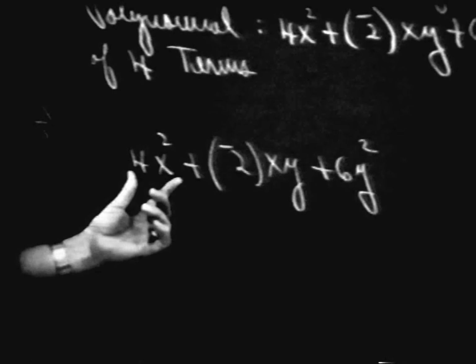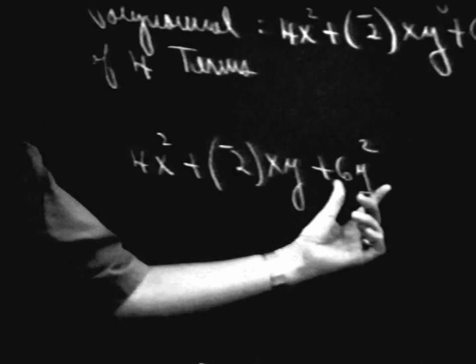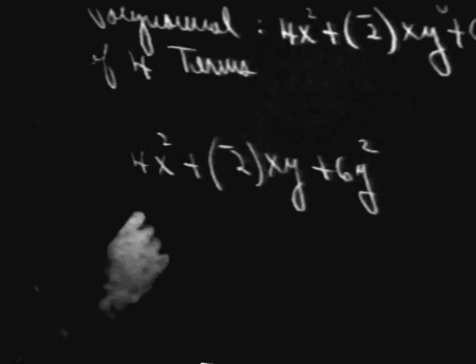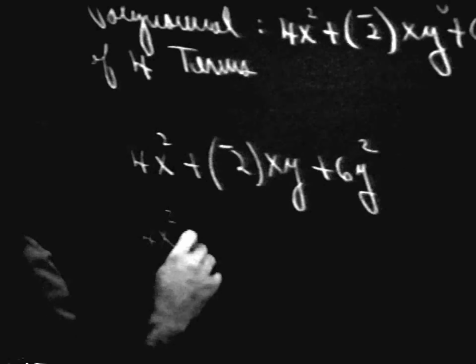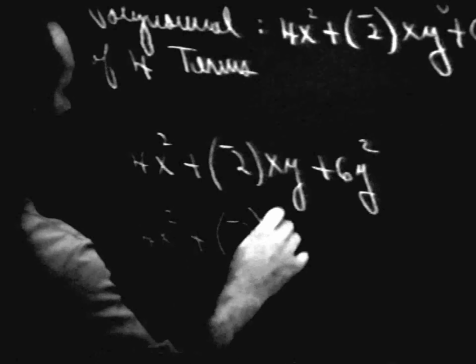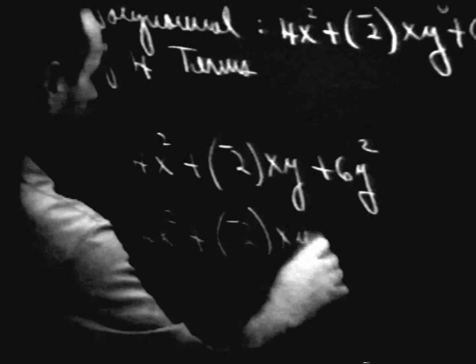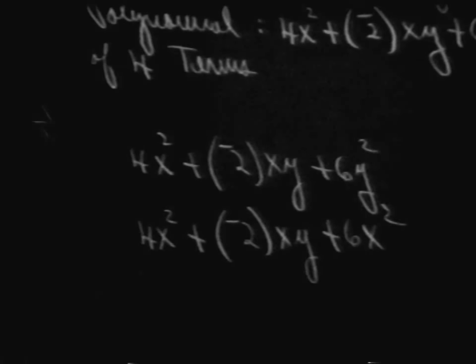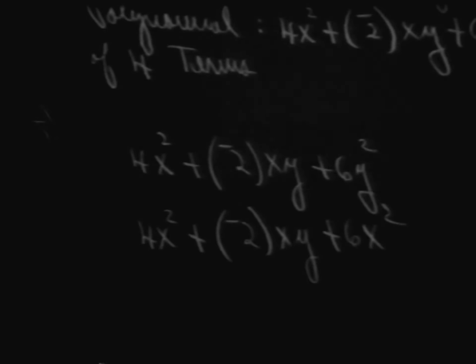Now notice each one of these terms is unlike. Is that right? It's unlike. As opposed to, if I were to write another example, 4x squared plus a negative 2xy plus 6x squared. In this case, are there any like terms that you see in there, Sally? Yeah, the 4x squared and the 6x squared, all right?